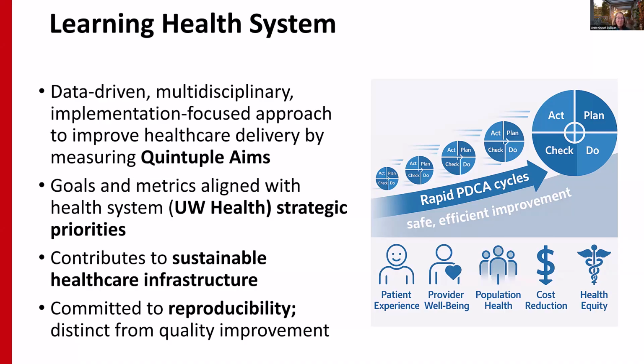And it uses aligned metrics as well to evaluate effectiveness. Now, part of the point of an LHS approach is to implement evidence-based interventions that have the potential to improve the healthcare system quickly and viably so that its impacts are evident and they can be sustained.